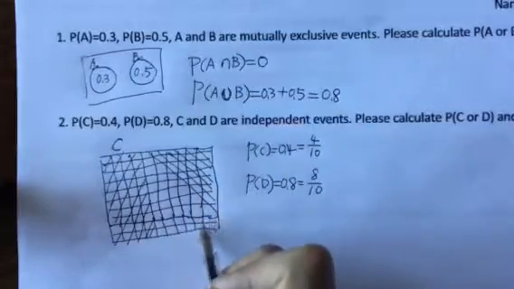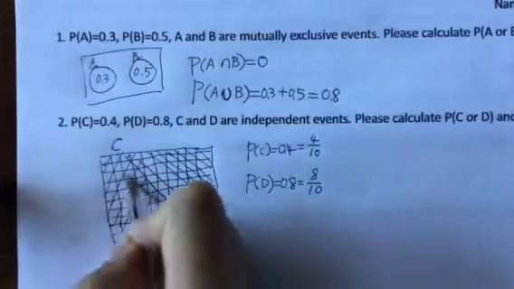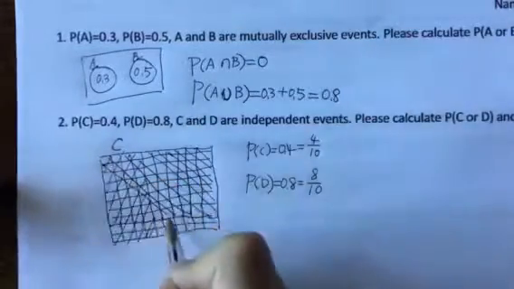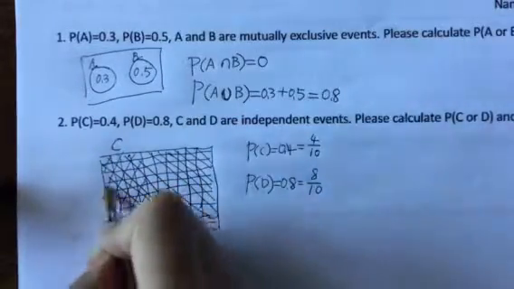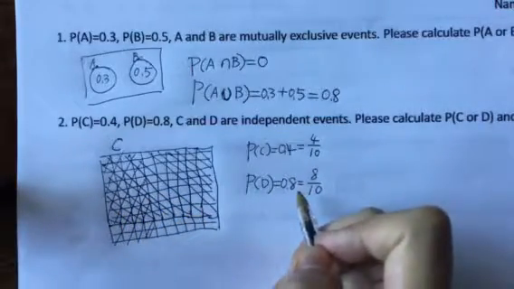This is leaving 2. There's 8 of these this way. So slant it that way. That's what I mean by 8 out of 10 for D.